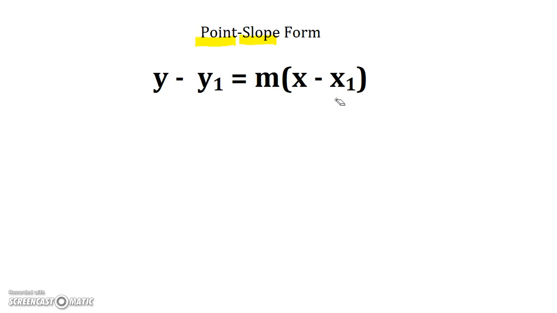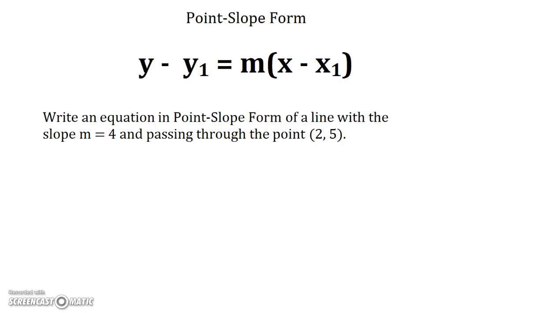We're going to find actual numbers for a point and the slope, and they're going to go here. The slope is going to be in place of m, and the point is going to be in place of the x1 and the y1. Because if you remember, any point has an x and a y coordinate. This is where they're going to go.